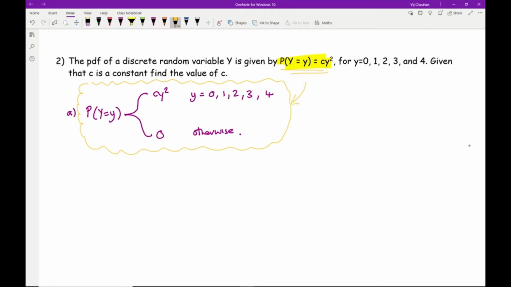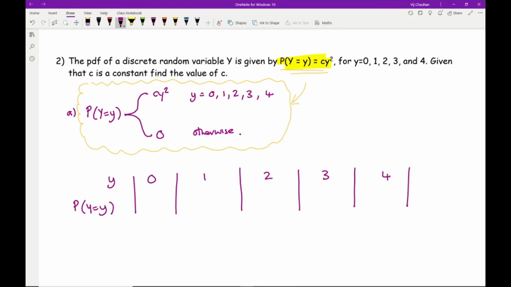So first things first, let's draw our table. From this we've got that y can equal 0, 1, 2, 3 and 4, and I want to work out the probability using the probability function that Y equals y. I'm going to set up my table like so, and complete the table.